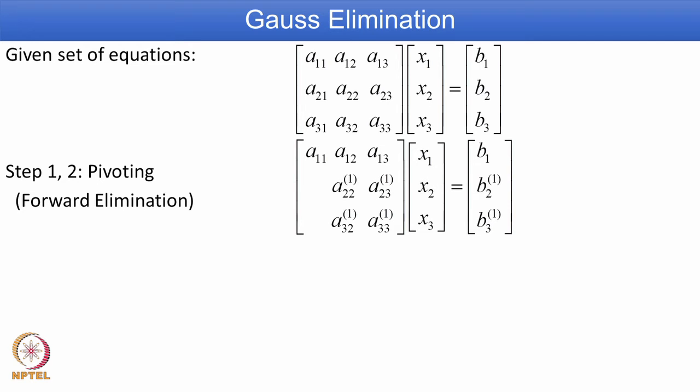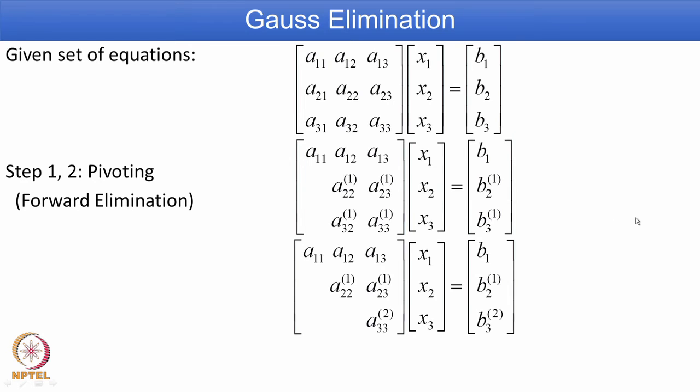In the first step, A11, A12, A13 is not altered, whereas the second row and third row are altered, and the altered coefficient is written with a superscript in brackets, 1. Correspondingly, the right side B is also altered, and that is written here as B2 superscript 1 and B3 superscript 1.